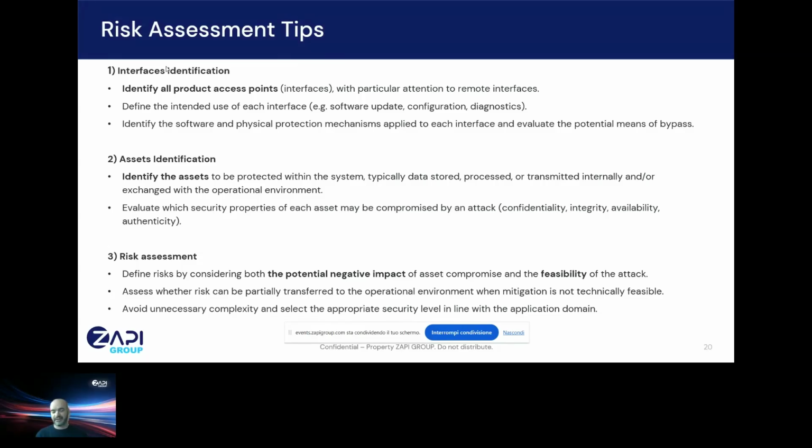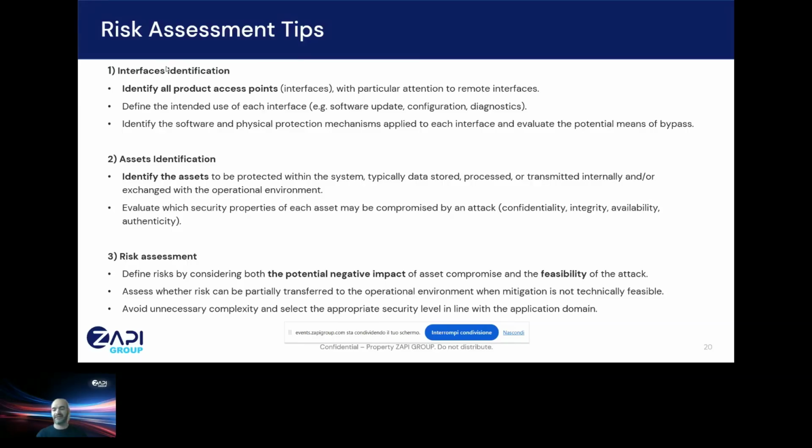After the risks are identified, the next step is to evaluate how to manage them, and there are typically three choices. The first is to mitigate the risk, at the component or at the system level, or to share the risk, and this is particularly done with the component.